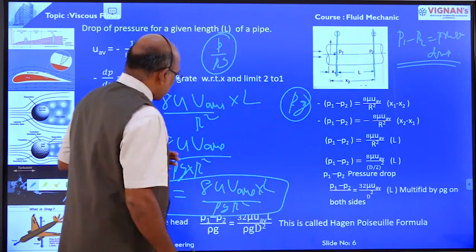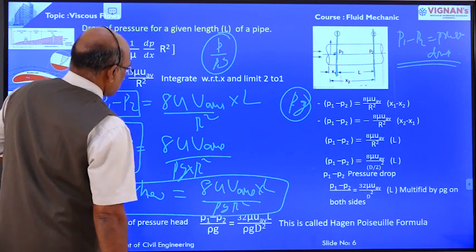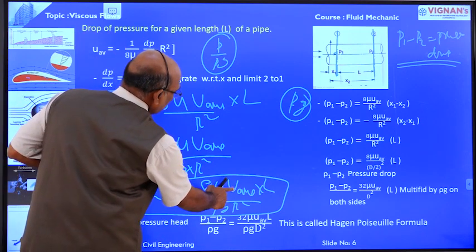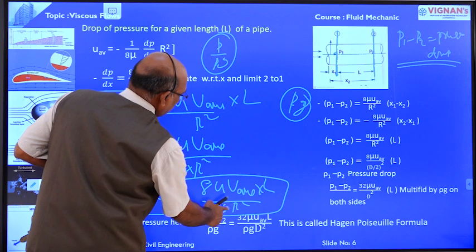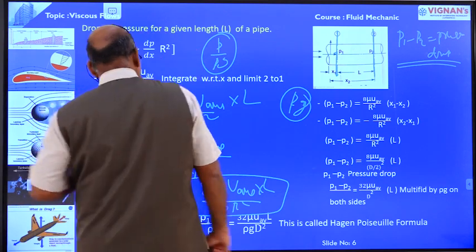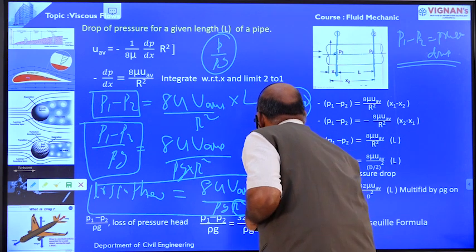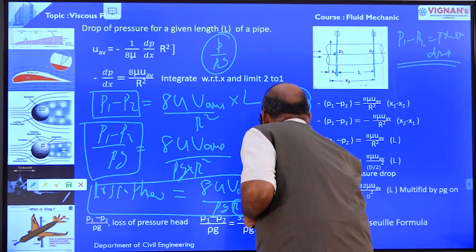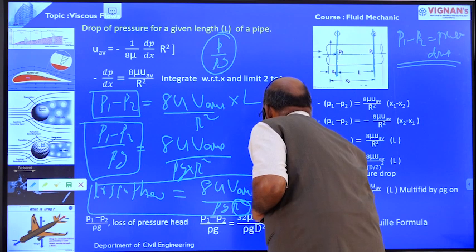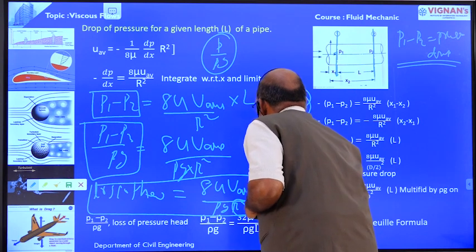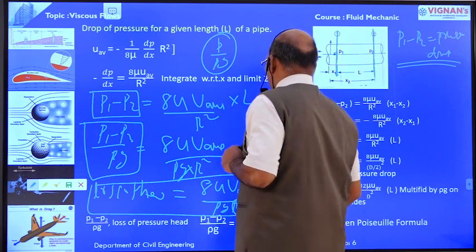The loss of head is equal to 8 mu u average L divided by rho g r square. Here, in this case, r square is nothing but d by 2 whole square, that is d square by 4, which is moved to the top side.